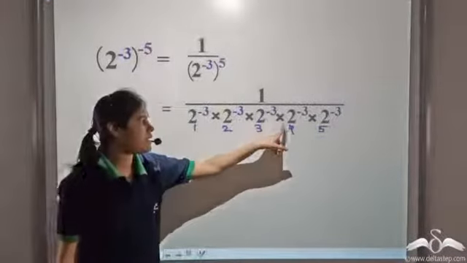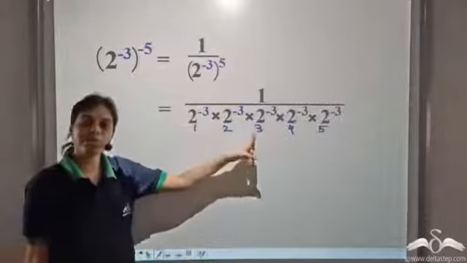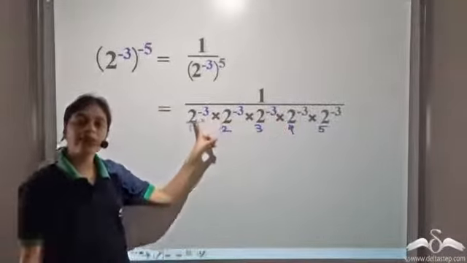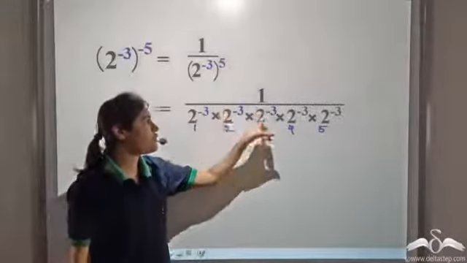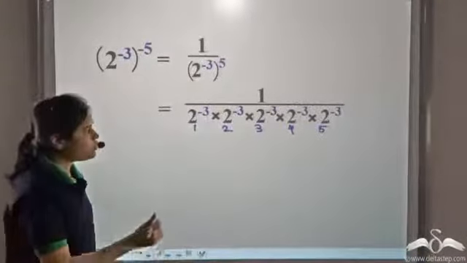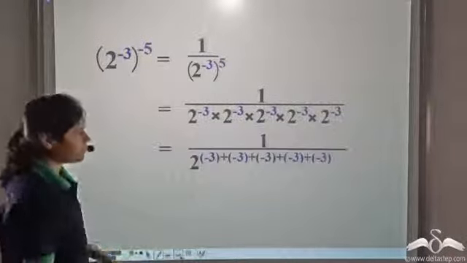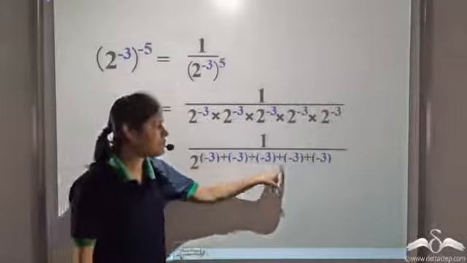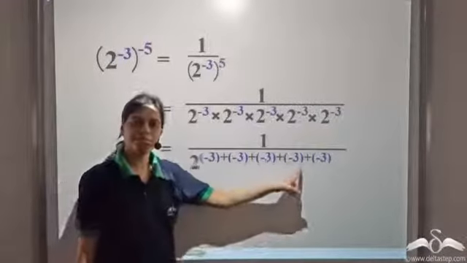Now we see this is multiplication of exponential numbers with the same base. So we can apply the law for addition of the powers. So this gives us 1 divided by 2 to the power negative 3 added 5 times.